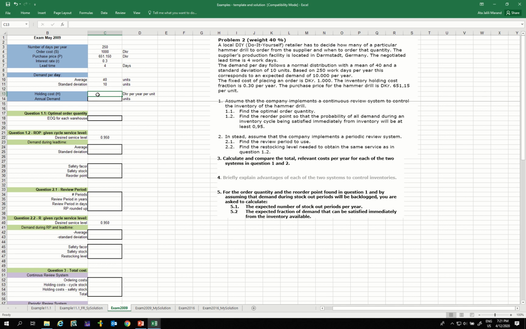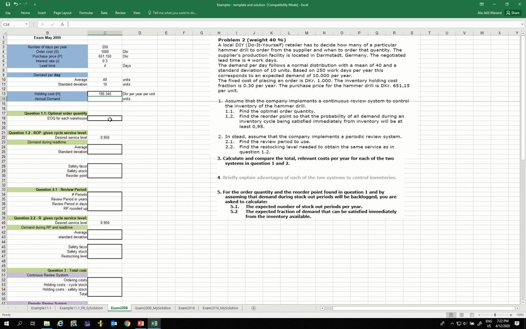To do the calculations for the first question we need to know the holding cost and also the annual demand. The holding cost, if you remember previously we said that it can be considered as the opportunity cost for the investment that we have made on the items that we hold in the inventory. So the purchase cost multiplied by the interest rate will give us the inventory holding cost per unit per year.